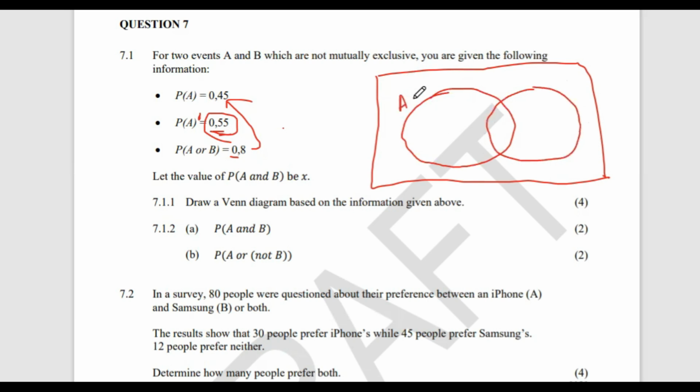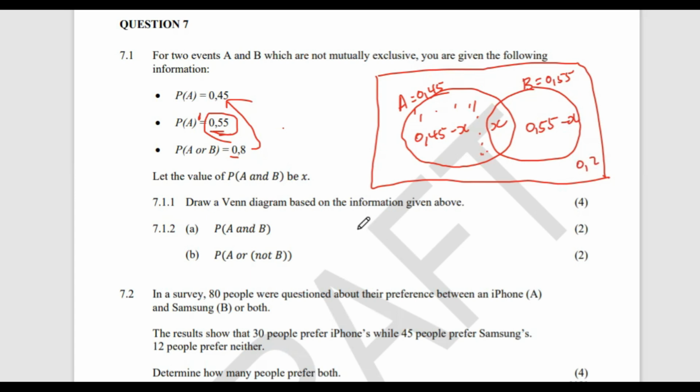If I call A to be 0.45, and then they say complement of A, like what is outside of A, which means it's B, which is 0.55. Then this will be 0.45 minus X, 0.55 minus X, and that's our 0.10. Nice, okay, let's keep it that way.